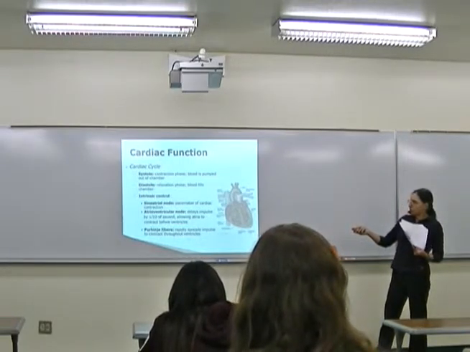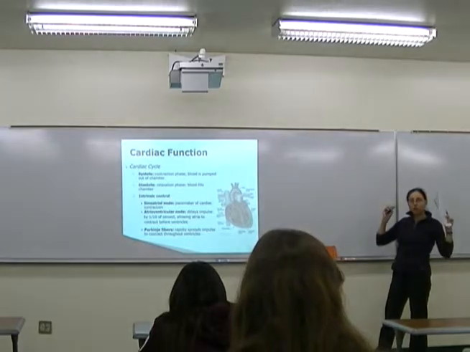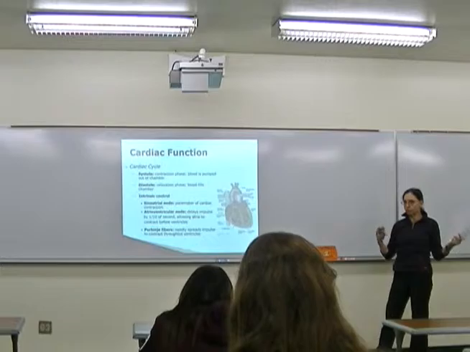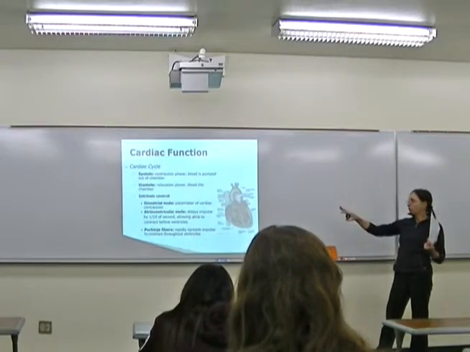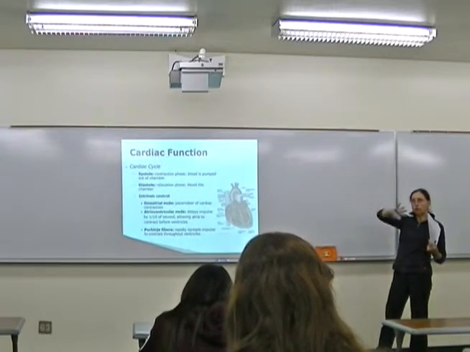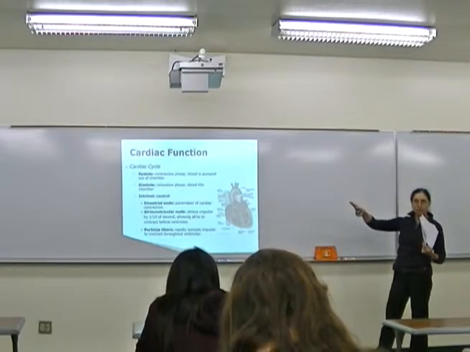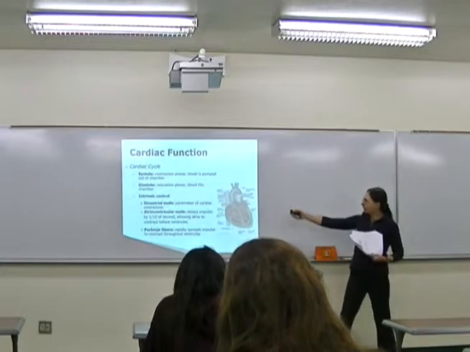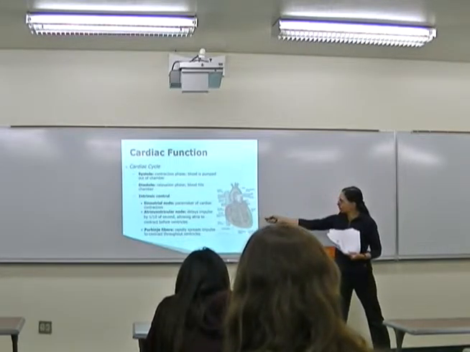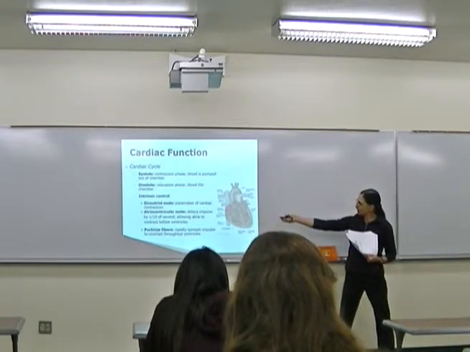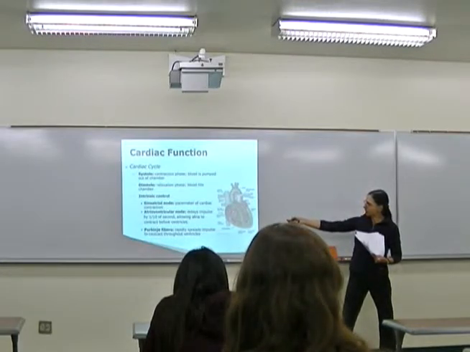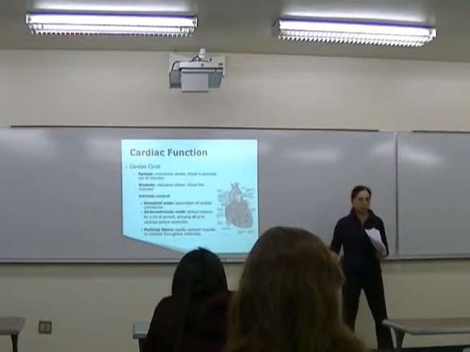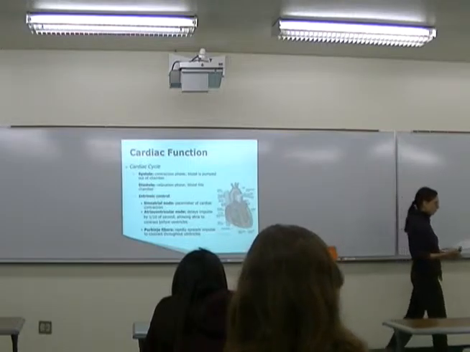It initiates an electrical signal, just like we talked about last week in the nerve. I have an electrical signal that flows across the surface of the muscle, causing the contraction, and as it comes across the surface of the atrium, it hits another clump of specialized cells called the atrioventricular node, the AV node.